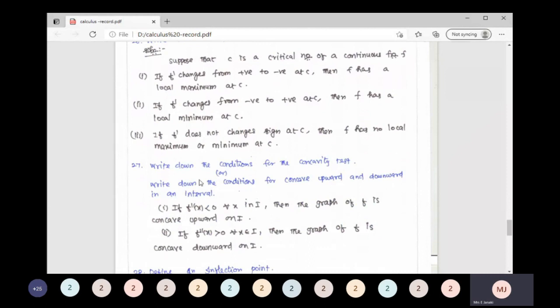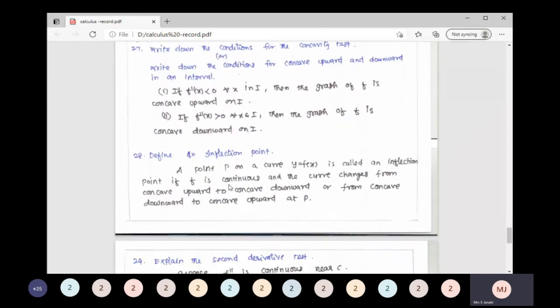And next, the condition for the concavity test. To find the condition that the curve is concave upward or concave downward for the given function, we have to calculate the first derivative f'(x), and check whether f'(x) is strictly less than 0 for all x in the given interval.